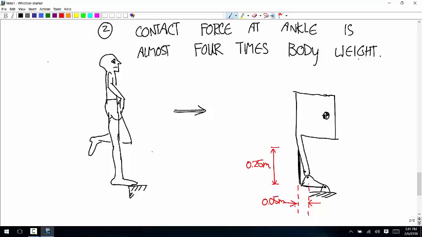And from the heel to the ankle vertically is 2 centimeters. And from the ankle joint to the ball of the foot is 12 centimeters, 0.12 meters.